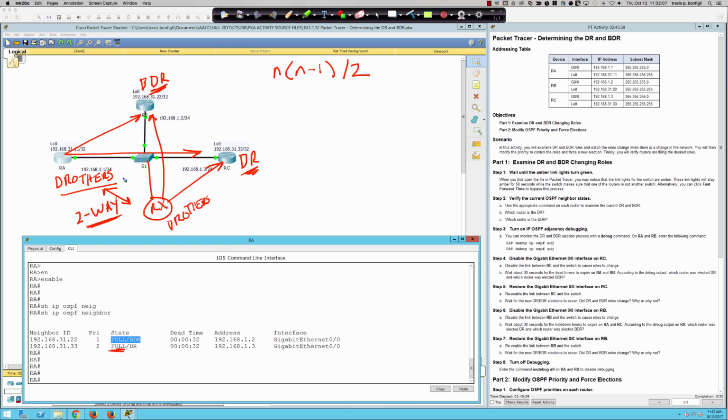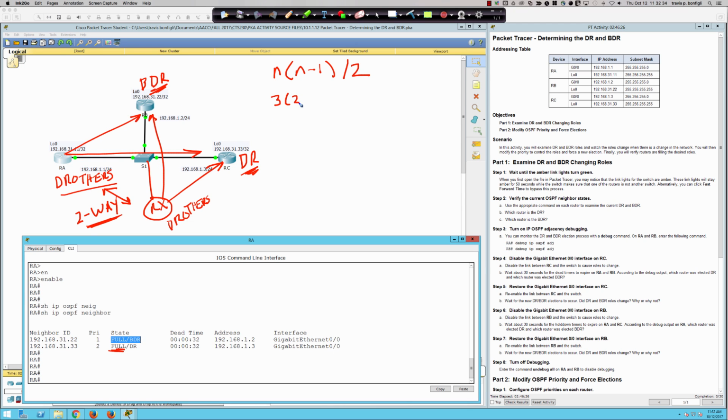And the reason that they struggle with multi-access segments, and when I say struggle, I don't mean from an operational perspective, but from a database and a flooding perspective, there had to be some sort of fix, right, or some sort of methodology to limit the number of adjacencies, because with 3 routers, it's not that big of a deal, right?